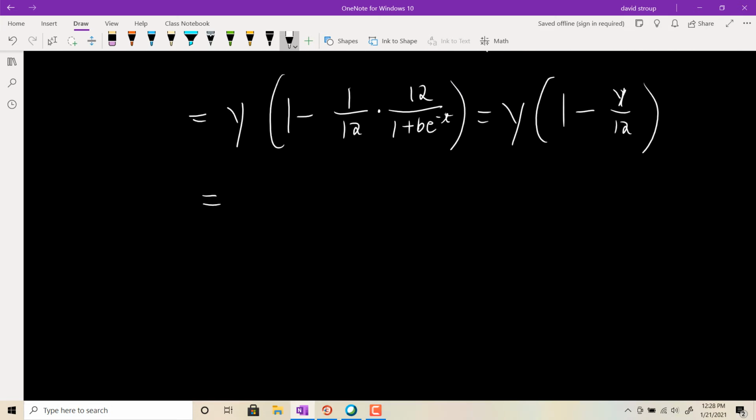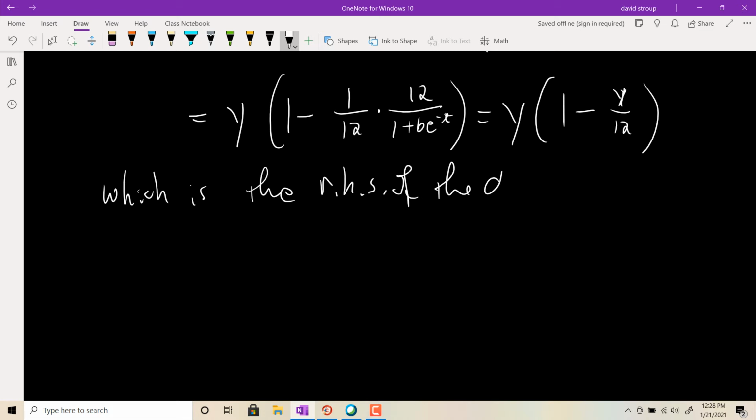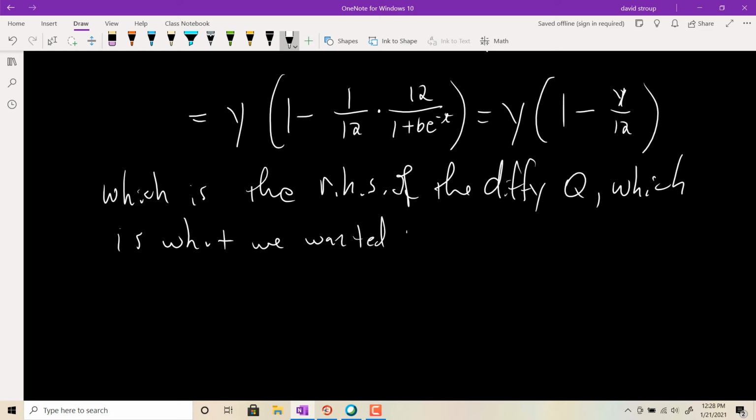So that pretty much does it. That verifies it. And like I said, it's a little tricky algebra and kind of creative thinking, but it gets there. So this is the right-hand side of the differential equation, which is what we wanted to show. Okay, so it works. Great.